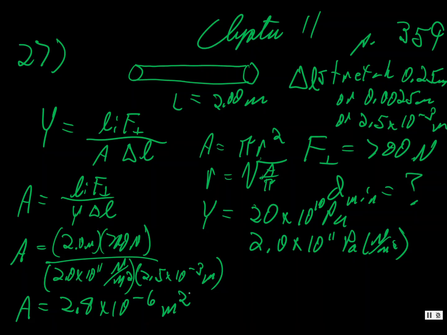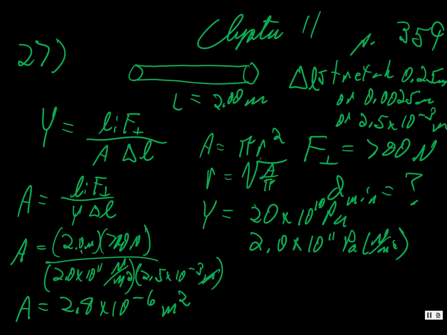Now, I'm telling you guys, 2.8 micrometers squared, not times 10 to the negative 6, because micro is 10 to the negative 6. Your engineering professors are going to want you to use these prefixes. So you need to be learning them. Now, how did we get to that? Well, let's see.